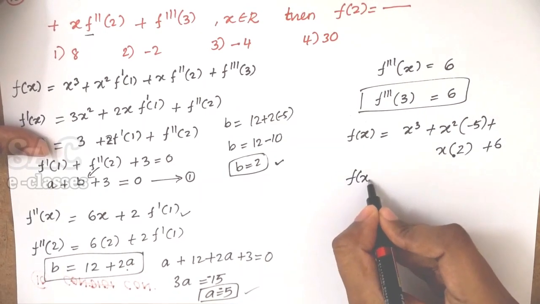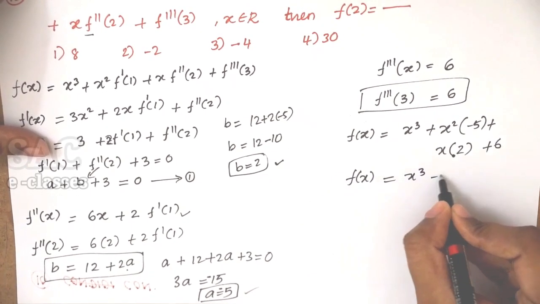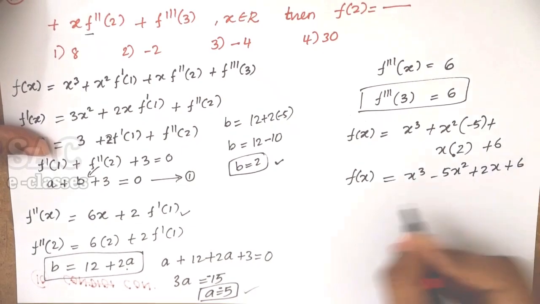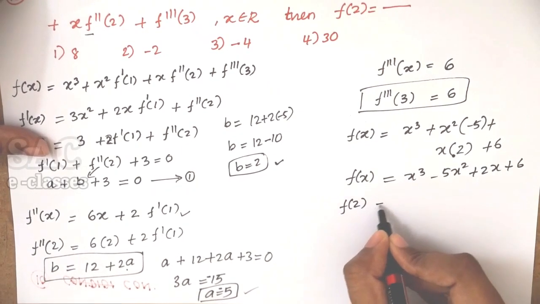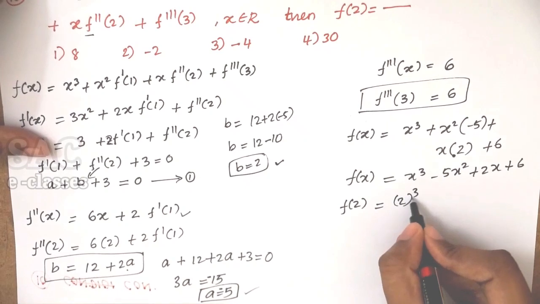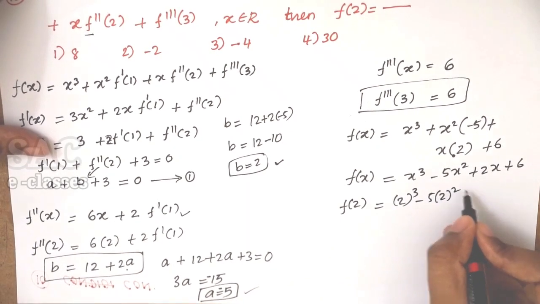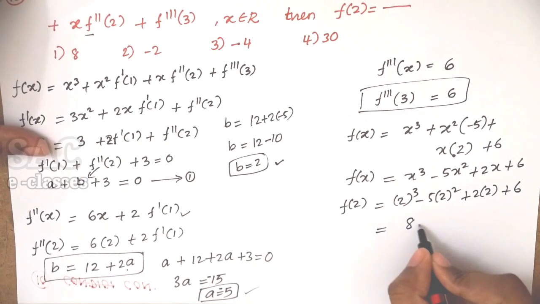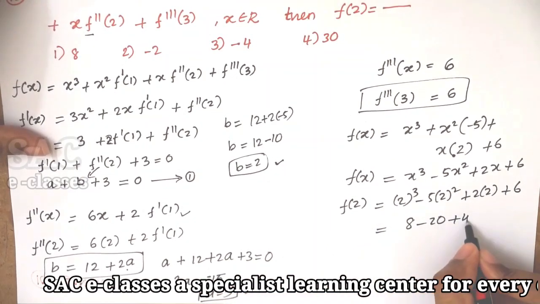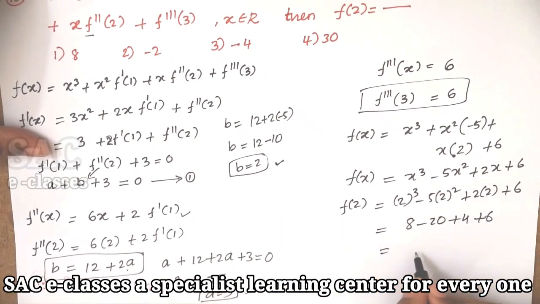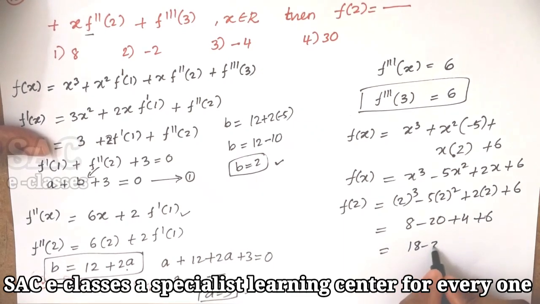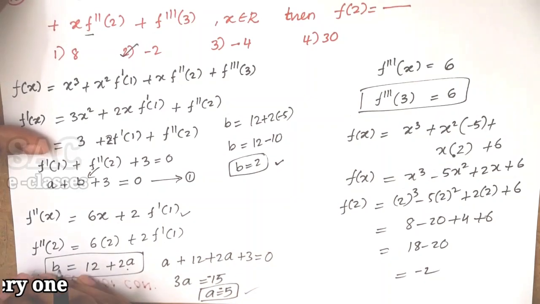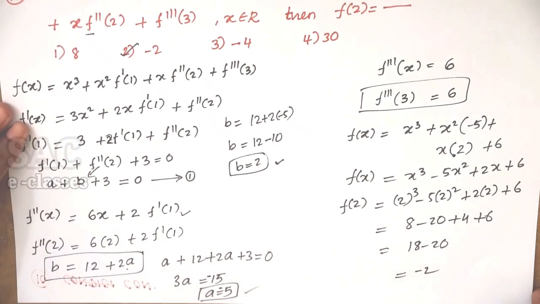So f(x) = x³ - 5x² + 2x + 6. Then f(2): 2³ - 5·2² + 2·2 + 6 = 8 - 20 + 4 + 6, which gives 18 - 20. The answer is -2. Damn easy problem, if you understood the logic.